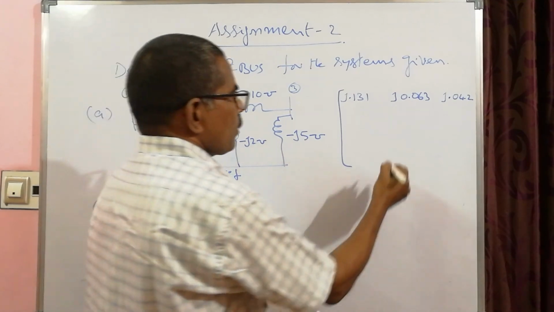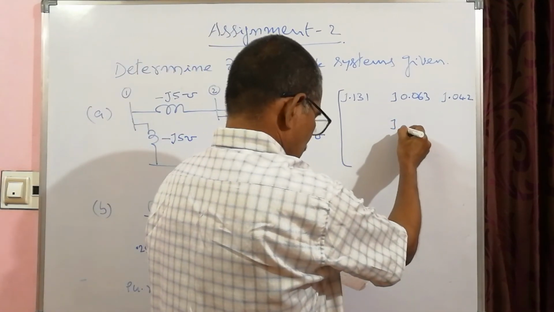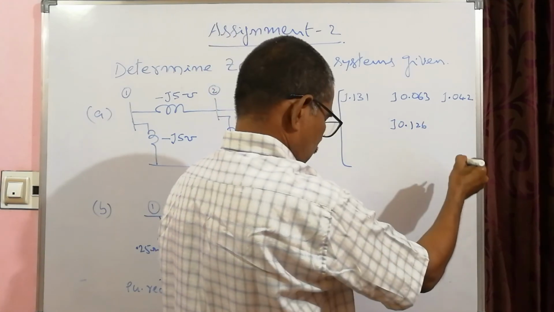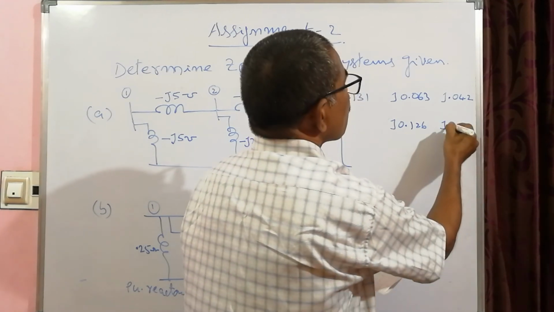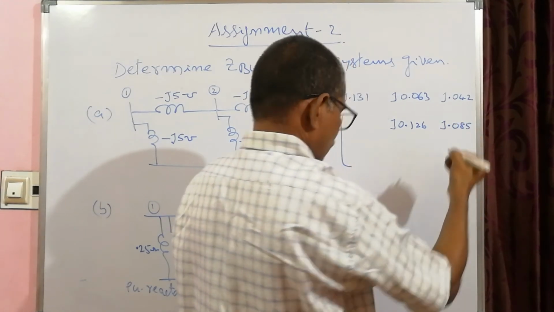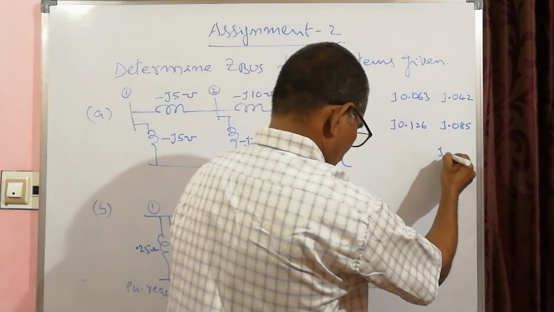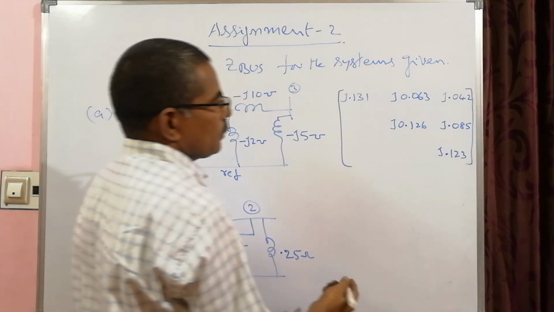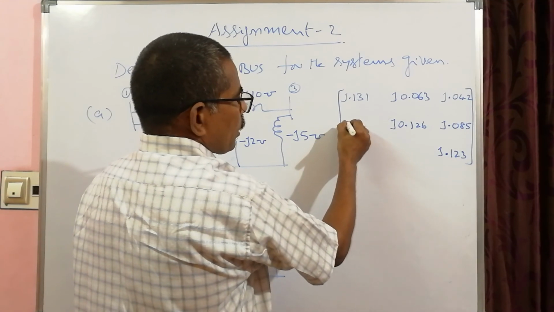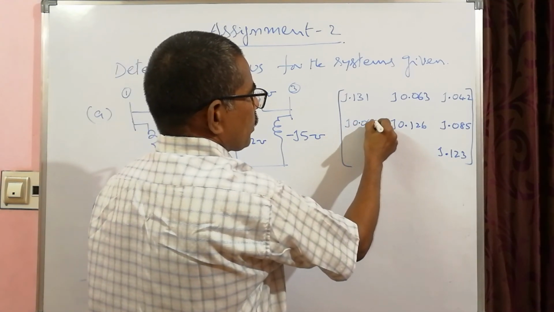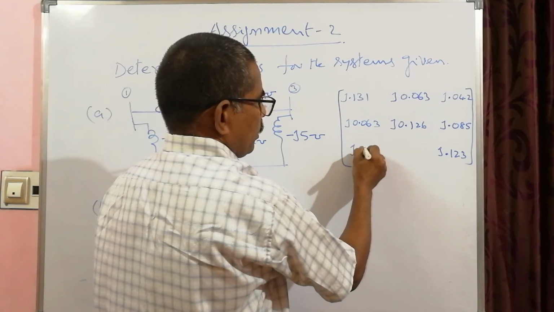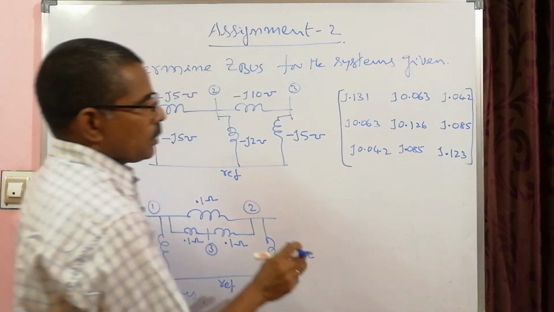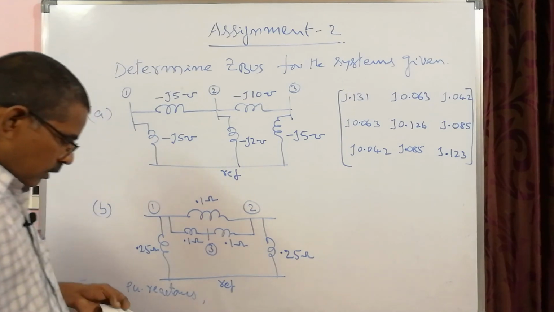Okay, so J 0.126, J 0.085, J 0.123. So these values you can fill it up. So that's the answer.